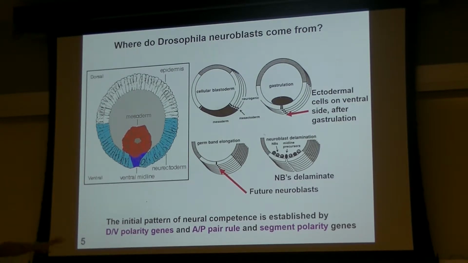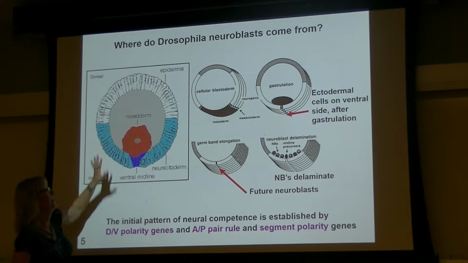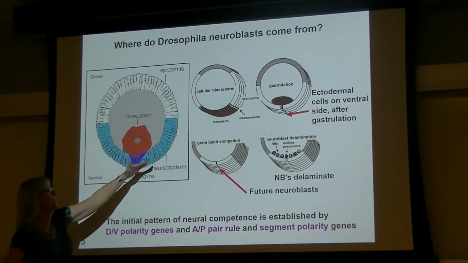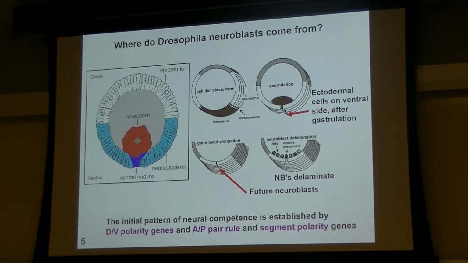And then on the outside, we'll have the ectoderm, and especially here on the ventral side, these blue-colored cells are the Drosophila neuroectoderm. So these are cells that are ectoderm in nature in terms of their germ layer, but they have a propensity to take on more of a neuron cell fate.